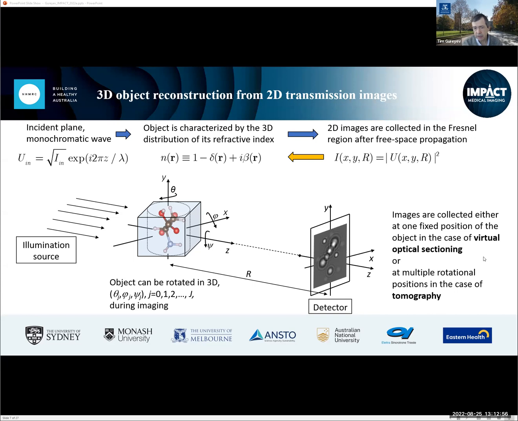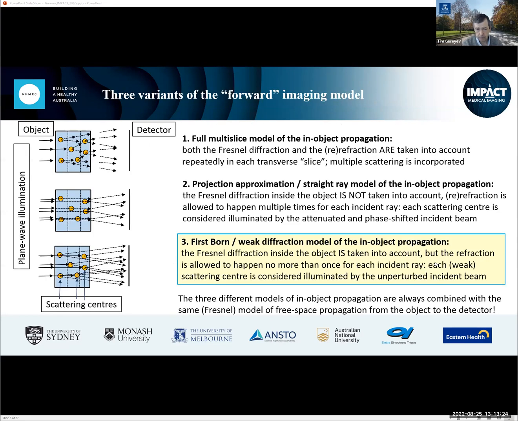In principle, the method that I'm going to describe allows for such virtual optical sectioning, but as I said, there are certain conditions that need to be satisfied for that to be possible. More routinely, of course, the object still needs to be rotated, and multiple images need to be collected in order for the refractive index in 3D to be reconstructed by tomographic means.